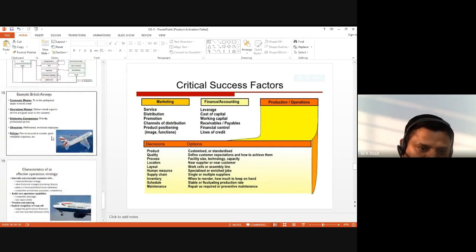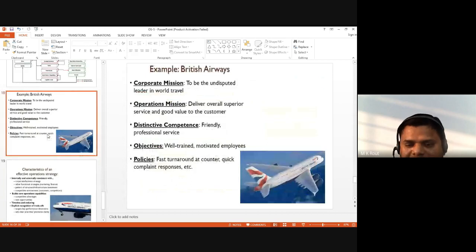Moving to the next one, here is a real-time example of British Airways, which implemented these operational strategy models. The corporate strategy mission is to be the undisputed leader in world travel, especially with reference to airways. The next is the operation mission: deliver overall superior service and good value to the customers. Then in case of distinct competence, a friendly and professional service provider.